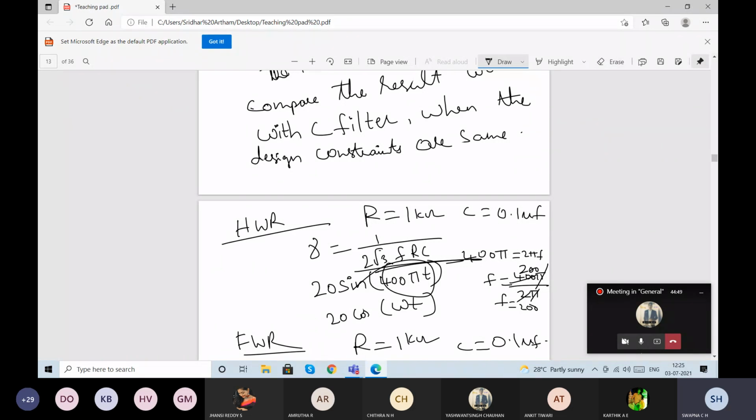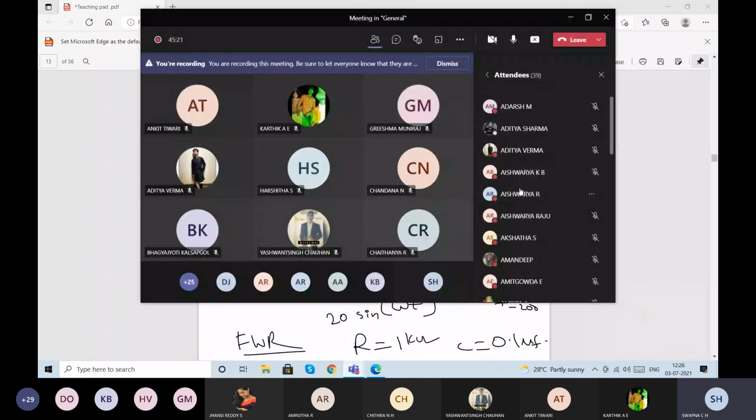Let us take it as Vm sin omega t only. Generally sinusoidal signals are taken as either the sine function or the cos function. So can anybody tell me what gamma value we are getting?